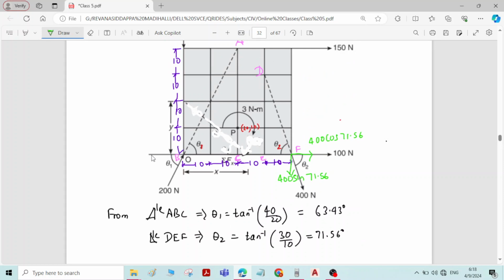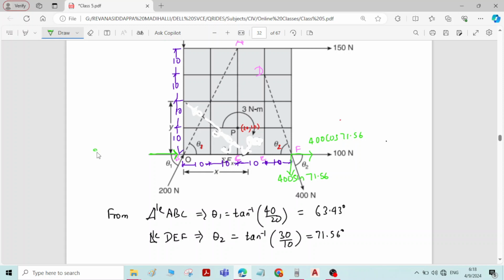Therefore, horizontal component is, the arrow mark will be towards the plate here because the force 200 Newton is acting towards the corner.